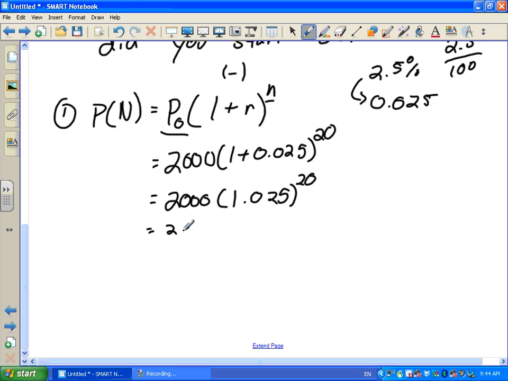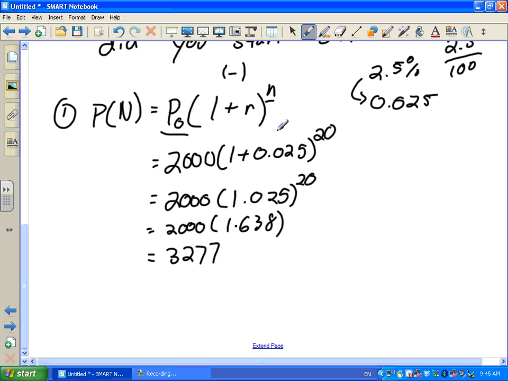Can somebody help me out with 1.025 to the power of 20? Okay. And then when I multiply 2,000 by that, I get 3,277.